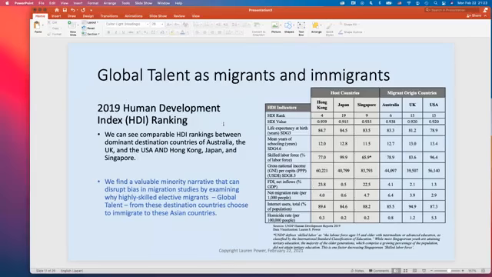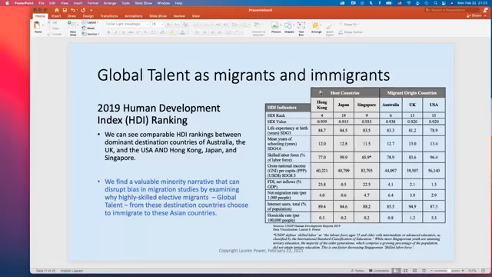This is the HDI ranking, the Human Development Index. Since we're studying people, looking only at GDP really is not the best way to evaluate the lived experience in different countries. So these are some different comparisons between these Asian megacities or countries such as Hong Kong, Japan, and Singapore, highly developed, and also the migrant origin countries. I've done a bit of an inversion here because I'm considering Australians, British, and Americans as migrant origin countries, when in normal discourse, these are predominantly destination countries.